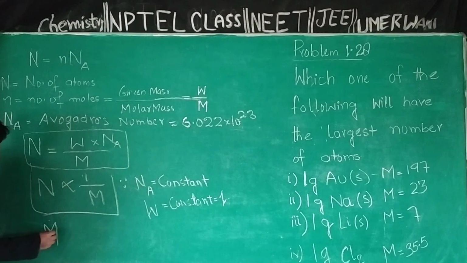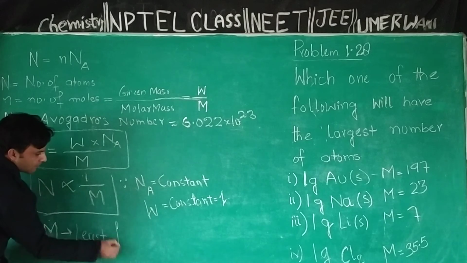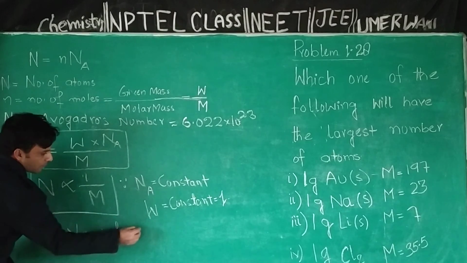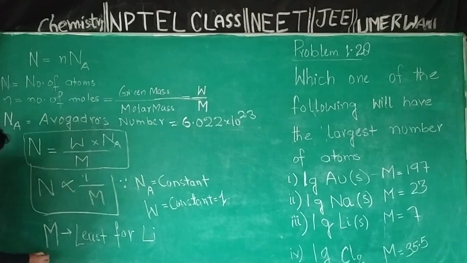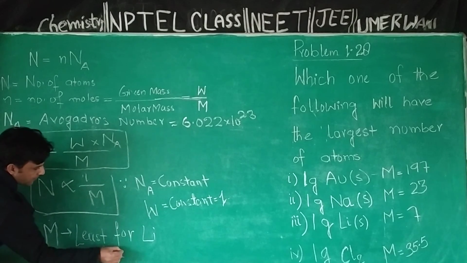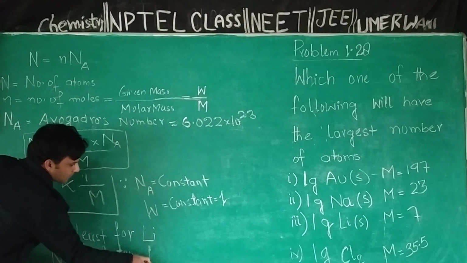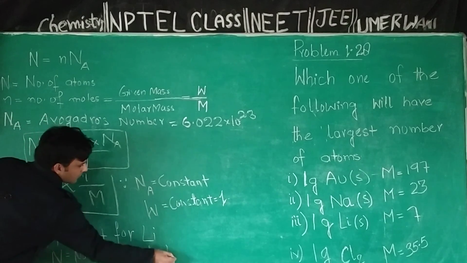Molar mass is least for lithium. So number of atoms, N stands for number of atoms, will be largest in 1 gram of lithium.